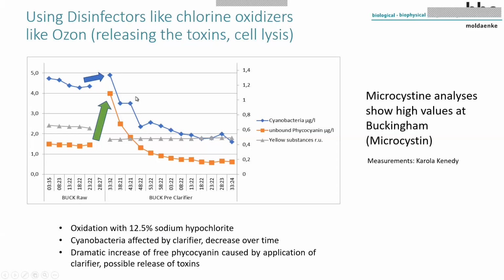They treat the water, and they see that the cyanobacteria go up, and also the unbound phycocyanin. That means that they oxidate the cyanocells and release the unbound phycocyanin. And that could be measured with this PhycoLab analyzer, and you see that it's going up. Later on, it is also treated totally, but the toxins could be free.